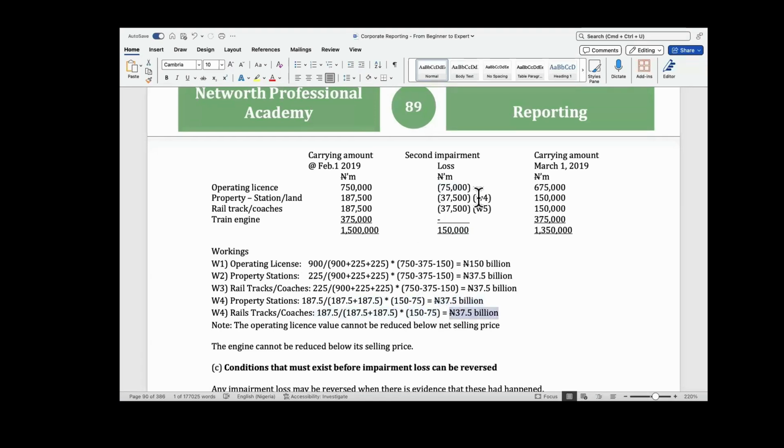So we allocate 37.5 here, and another 37.5 here. So by the time you remove these impairment losses from these book values, we have our new carrying amount as this. Totally it gives us 1,350. And that is it for this question.